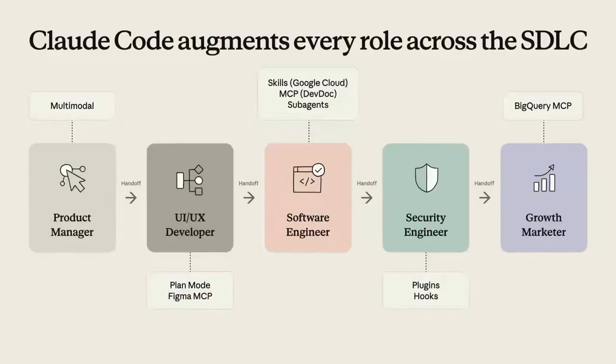So as I said, for the remaining part of this presentation, I'm going to put on the hat of all these personas. I'm going to show you how you can use these Claude Code components together with Claude on Google Cloud in order to build and ship a very simple feedback application that at the end of the presentation we are going to use to rate my performance here.